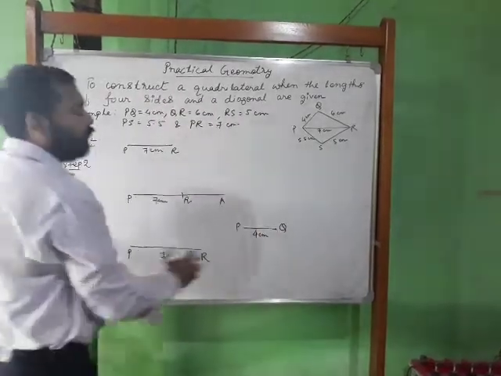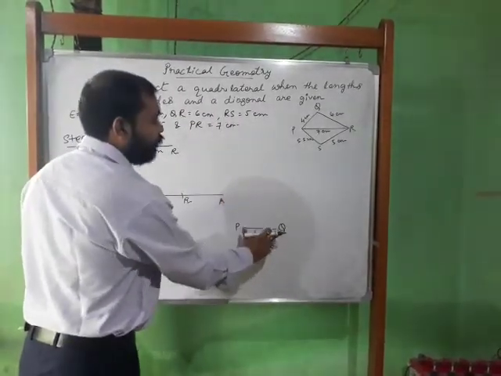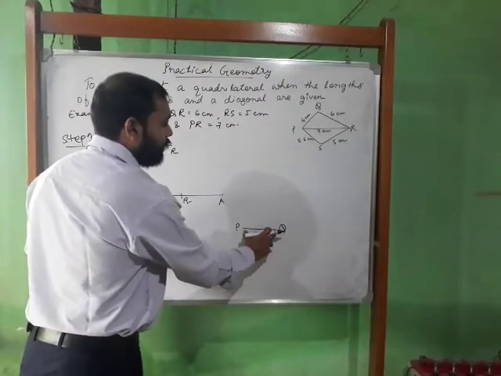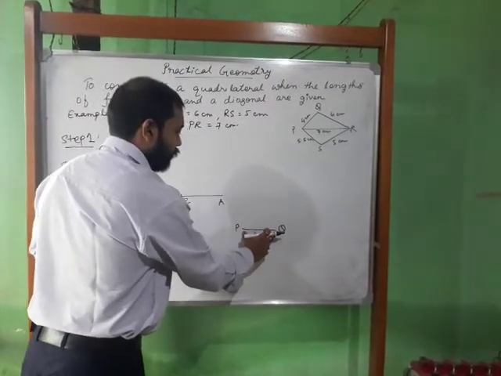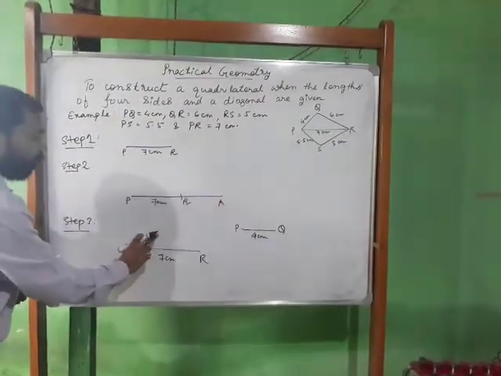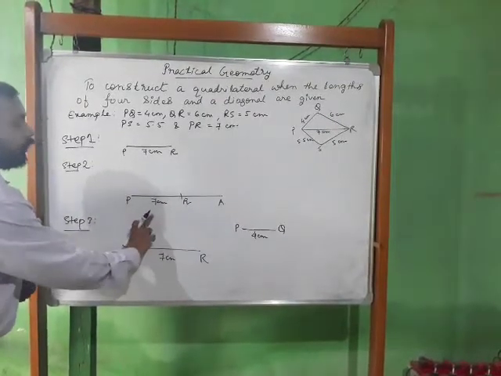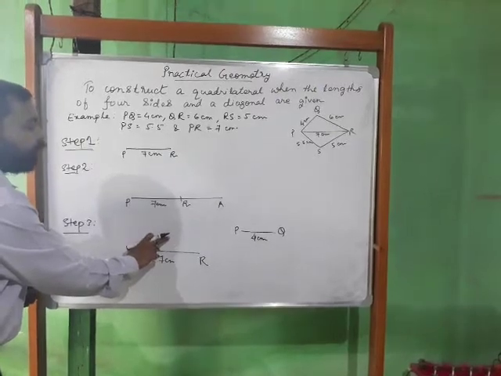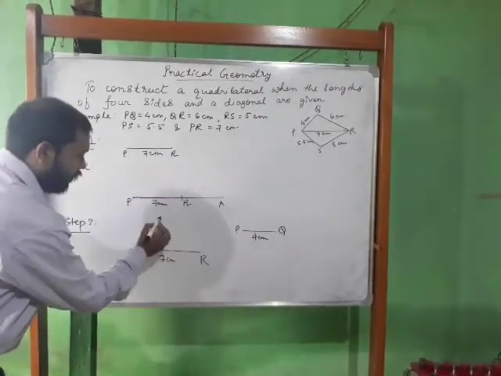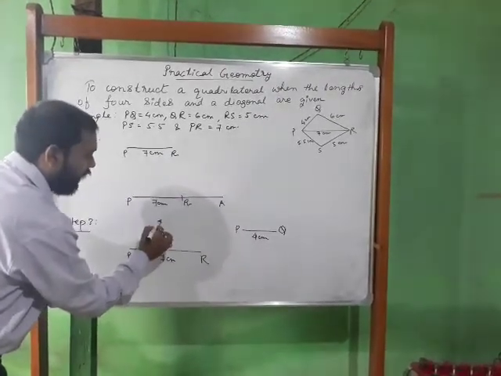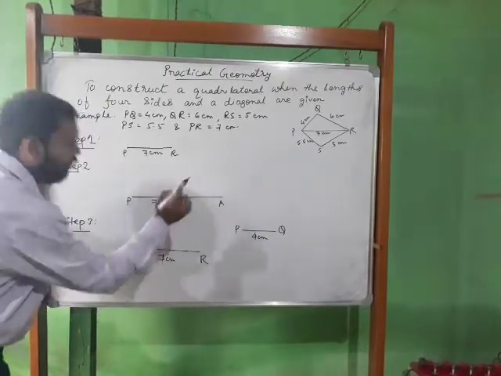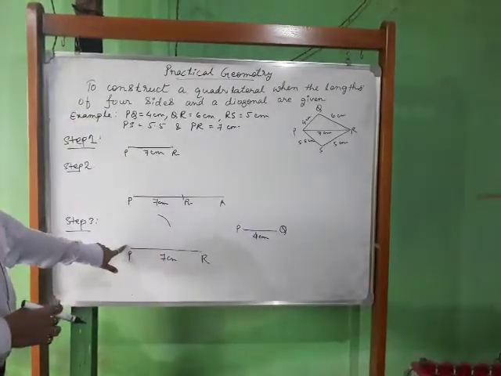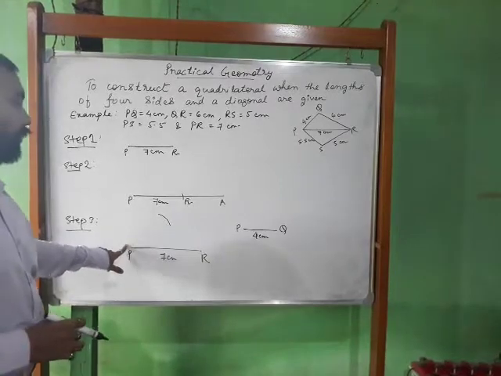So now with the help of the compass you take this 4 cm as radius, and from the point P draw an arc of radius 4 cm. Since we have taken 4 cm as the radius, you draw an arc from the point P with the help of a compass.